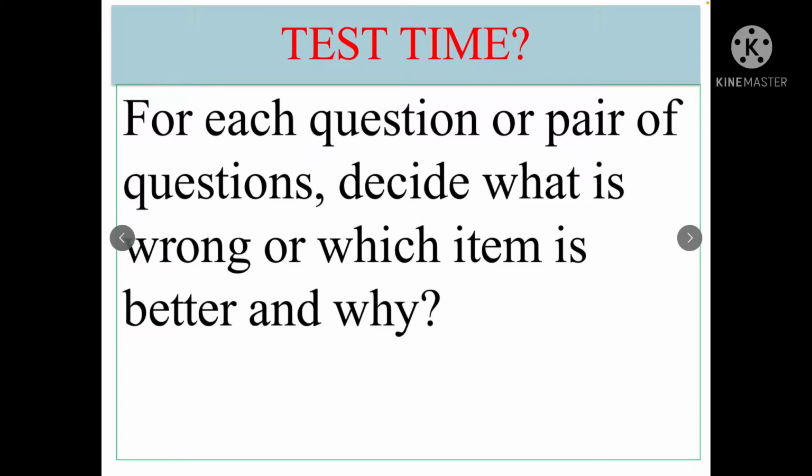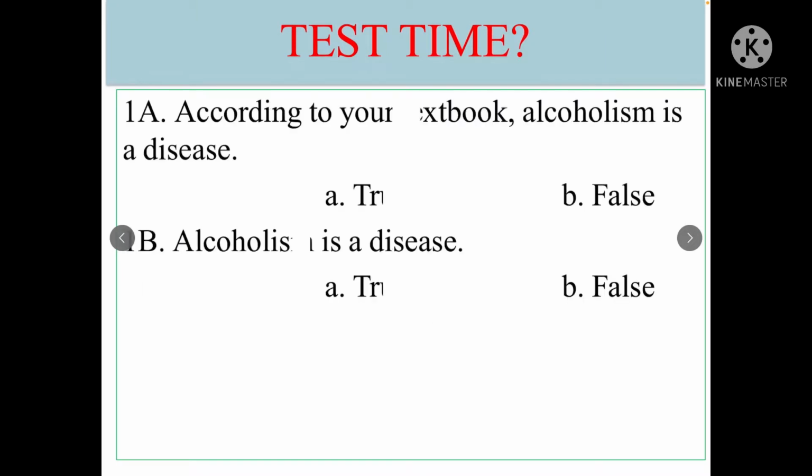For each question or pair of questions, decide what is wrong or which item is better and why. Two statements will be given to you. You have to choose which question will be better and why it is better. Okay, let's start. The first question is like this. Two statements are given. 1A: According to your textbook, alcoholism is a disease.